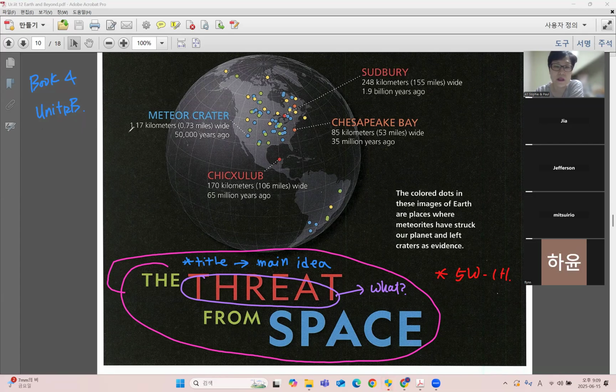Also, this is an infographic, and the images and visual things give a lot of information. Please use the visual infographic. And here, meteor crater. Okay, let's go over it.